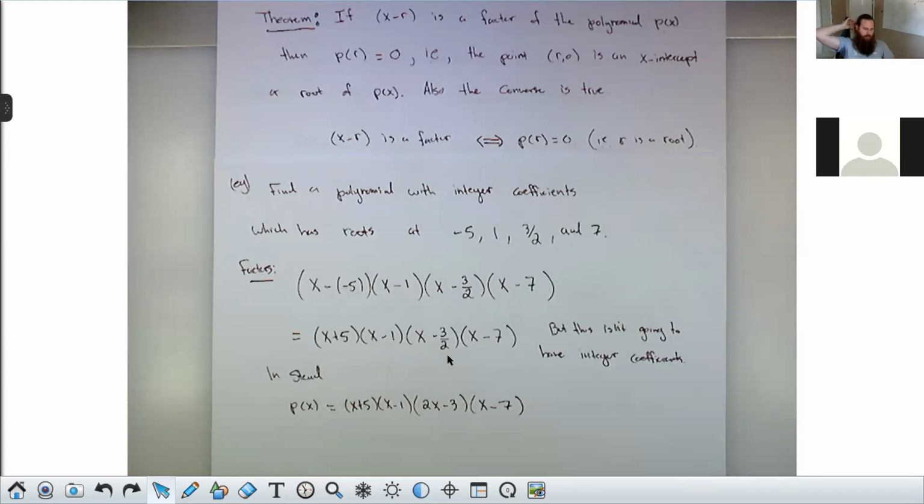And we could multiply all of this out. What would be the degree of this polynomial? I think 4, right? Because each of those factors is a multiplicity 1 factor. So each factor will increase the degree by 1.